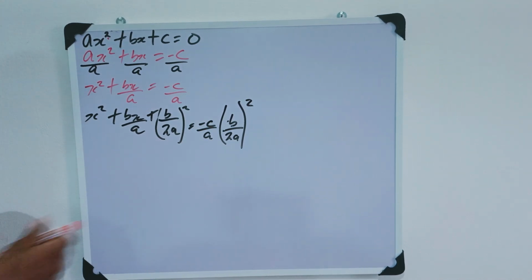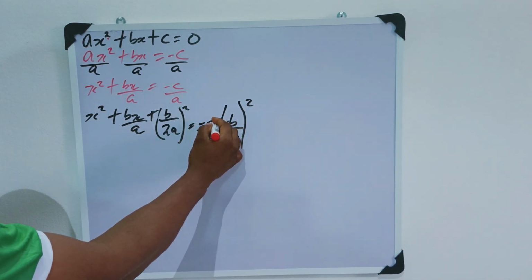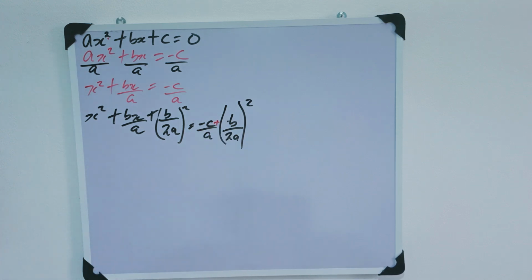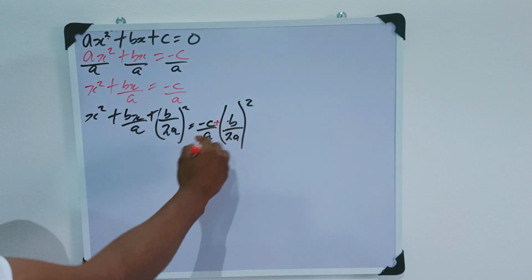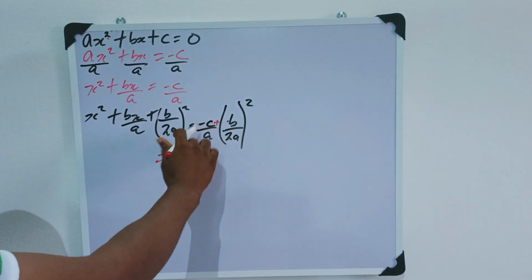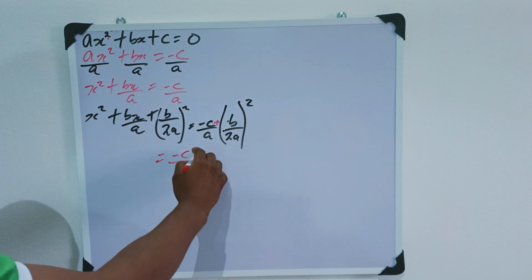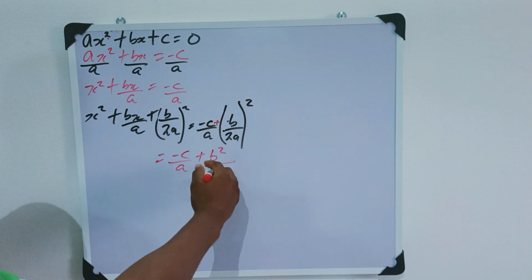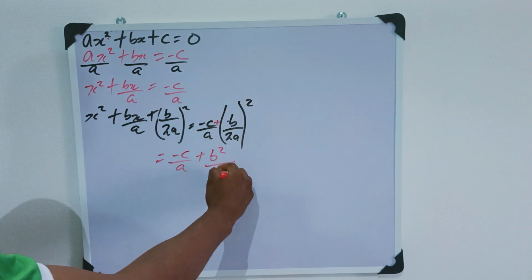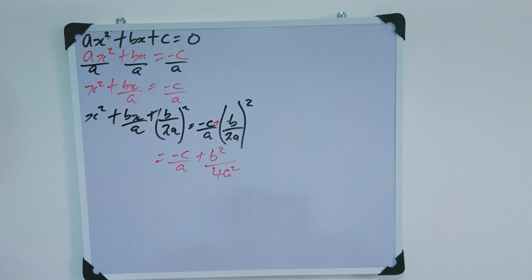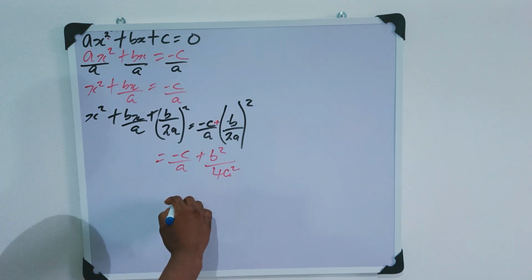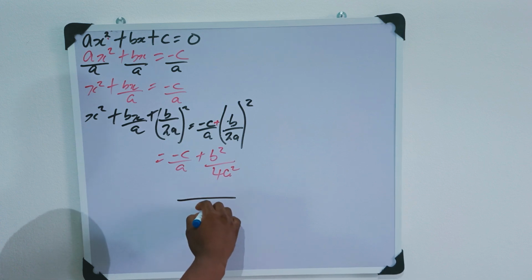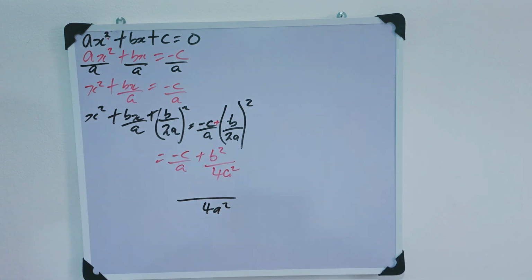All right. So at this point, you just simplify the right hand side. That would give us negative c over a plus b squared over 2 squared, which is 4a squared. Then turn this expression into a single fraction. Maybe in one of my videos, I will explain how to find the LCM of algebraic expressions.